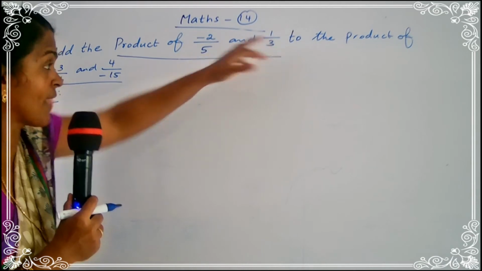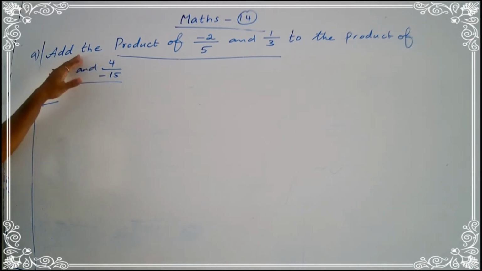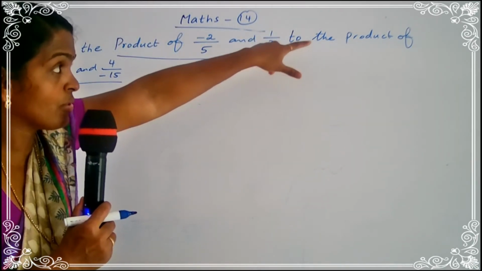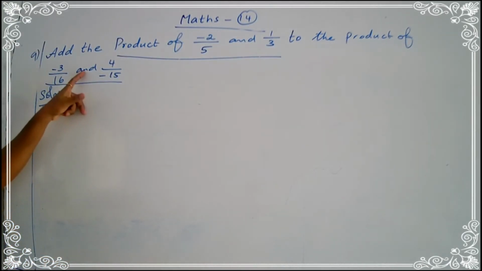Minus 3 upon 16 and 4 upon minus 5. Okay? Do you understand? Yours is an add question. What should be added to what? The product of minus 2 upon 5 and 1 upon 3 to the product of minus 3 upon 16 and 4 upon minus 5. Okay children?